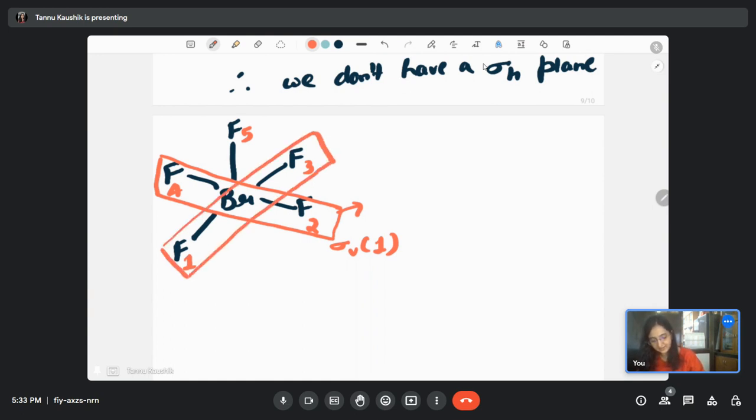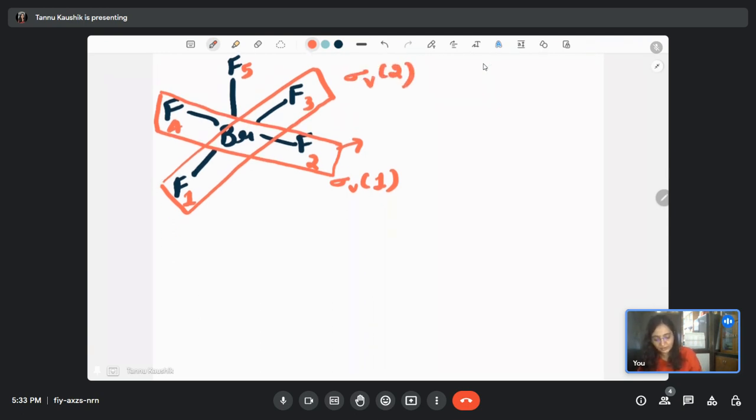Similarly, we will have another vertical plane like this. So I'm showing you the configurations we will get on performing these operations.